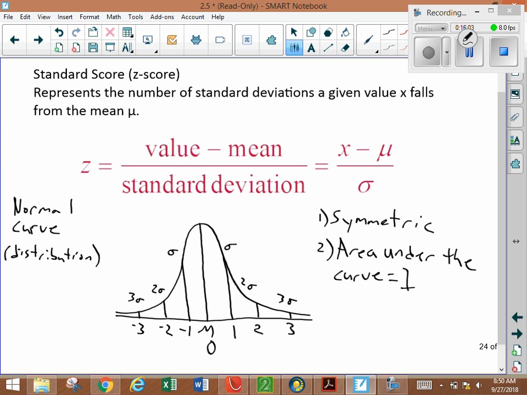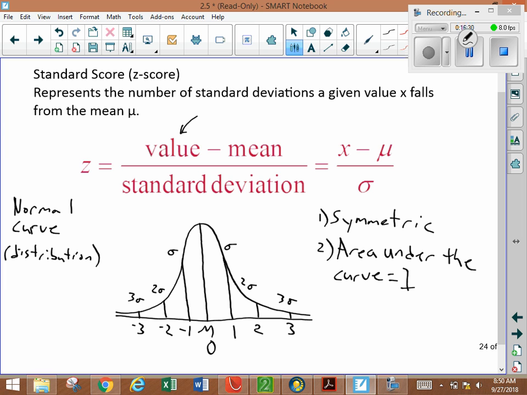The reason why I draw this picture is because this z equals formula tells us how far away from the mean, in terms of standard deviation, this value is.